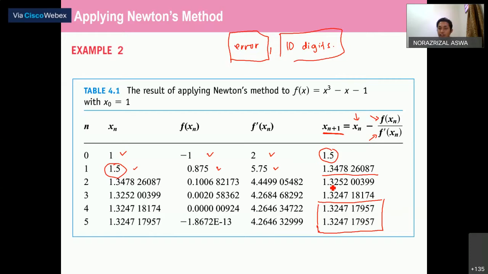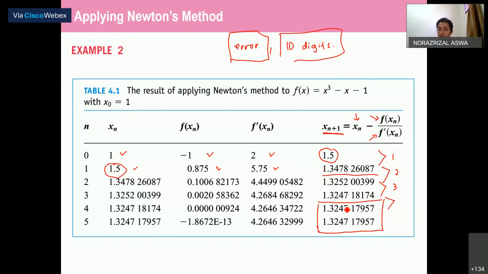Then you perform again and check. We have 1 and 3, so only two digits. Next, you perform the third one. We have 1.32, then 1.32, which means we have 3 digits. This one means 2 digits, and this one is 1 digit.